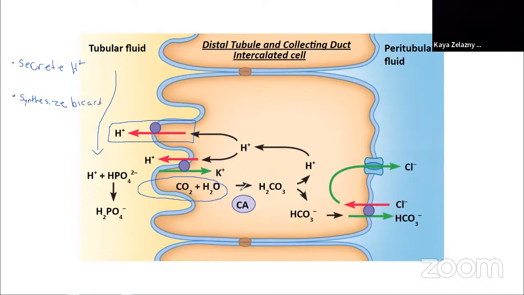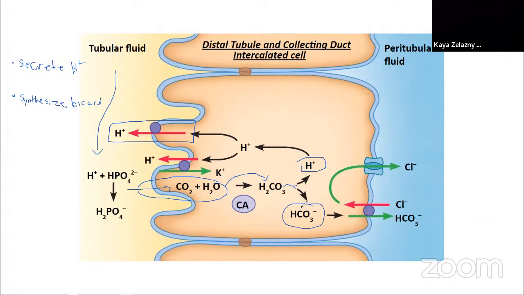So carbon dioxide and water can get into the distal tubule or the collecting duct. And then that carbon dioxide and water, along those same equations that we've been looking at, can be converted using carbonic anhydrase into carbonic acid, which then dissociates into hydrogen ions and bicarbonate.